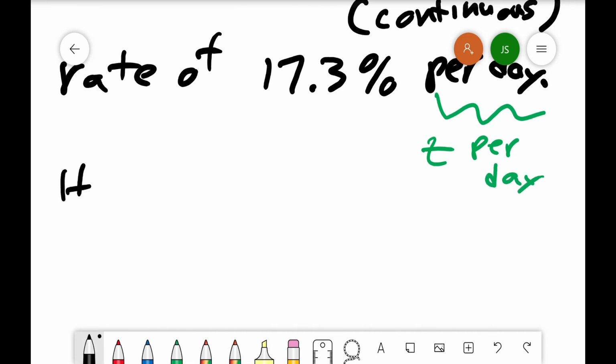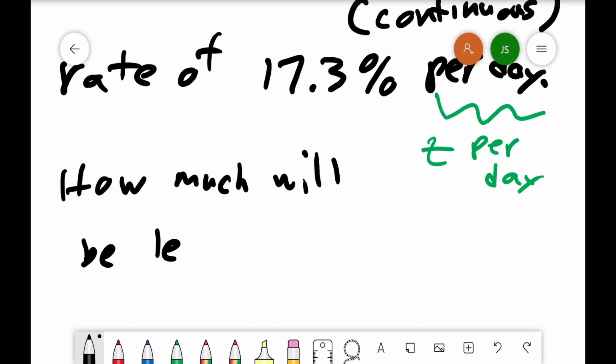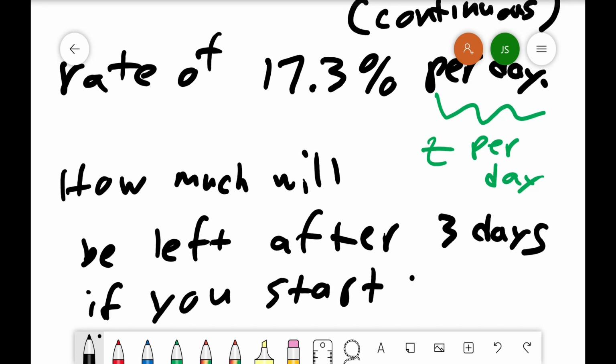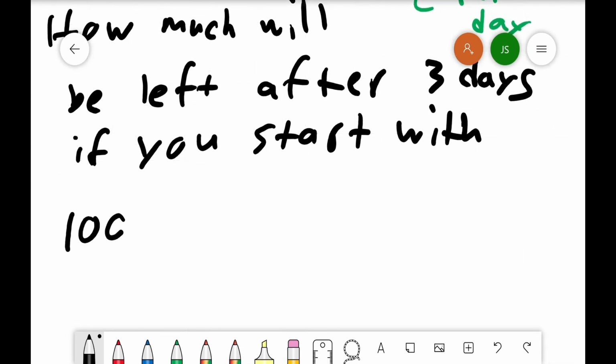How much will be left after 3 days if you start with 100 milligrams?